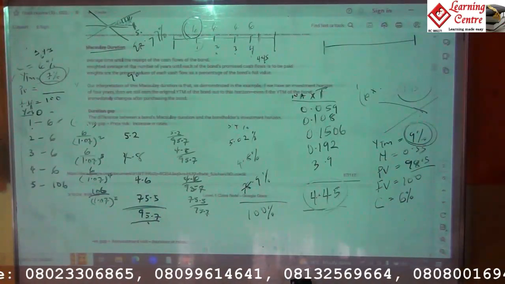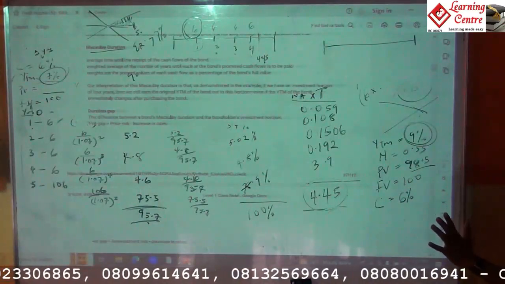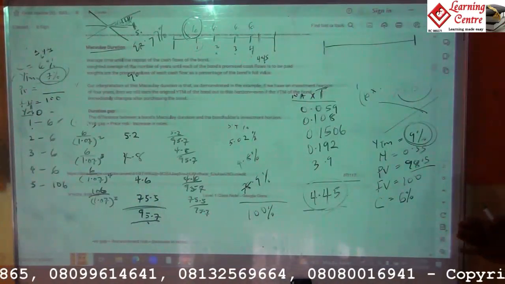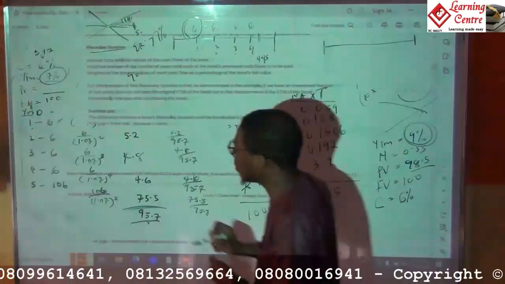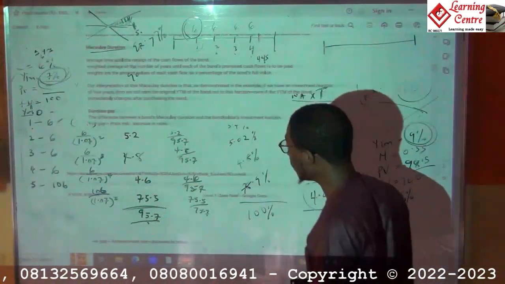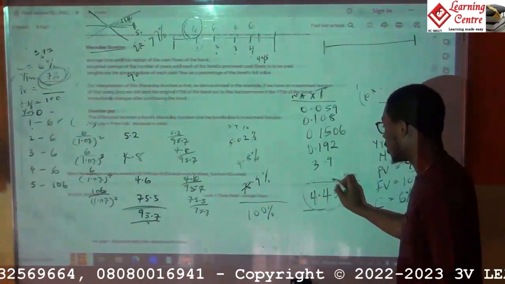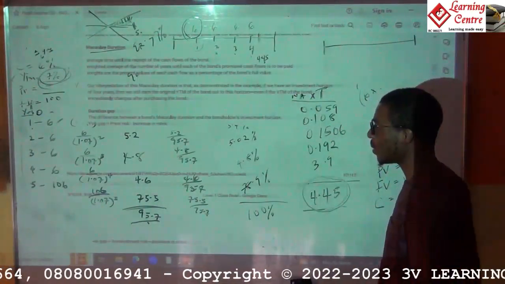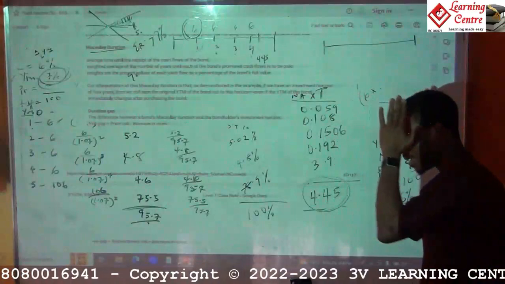All you need to do is to wait to that Macaulay duration. You were buying the bond because you calculated at 7%, right? So if you wait for this 4.5 years, you're going to end at 7%. Exactly.